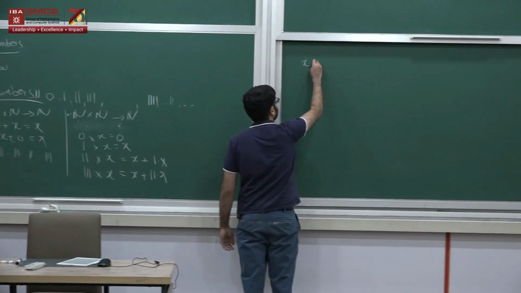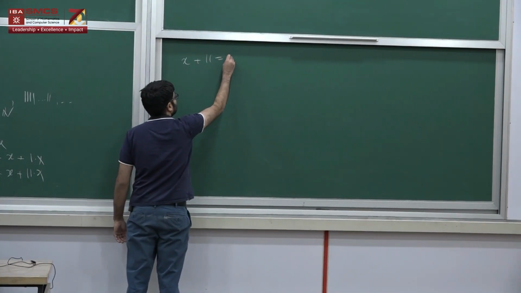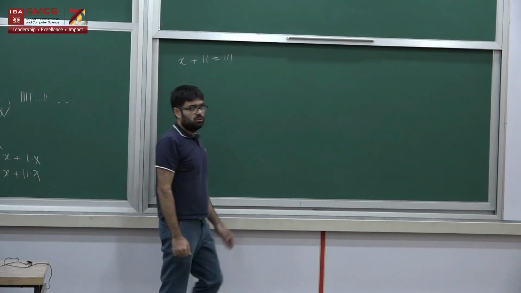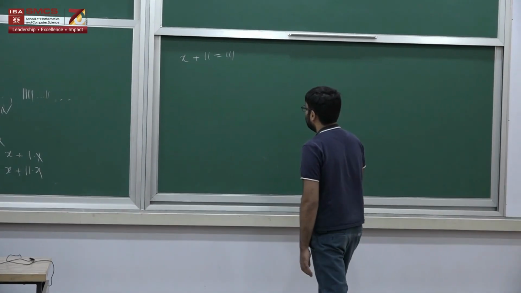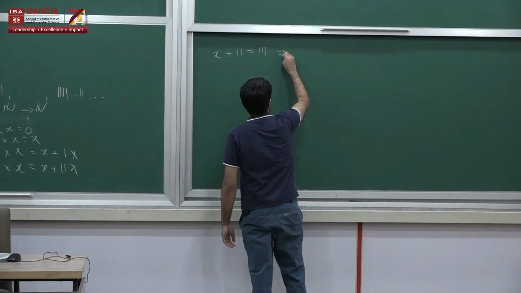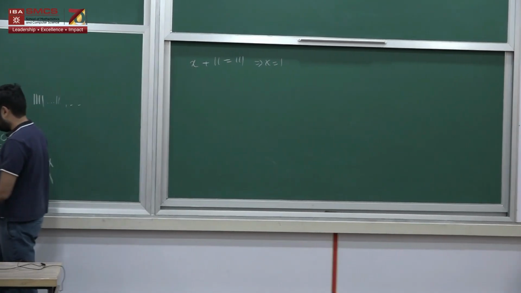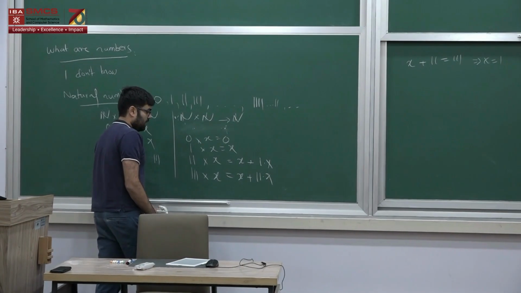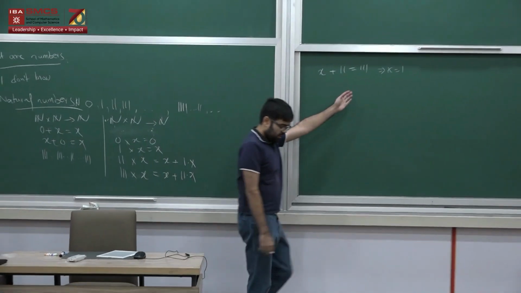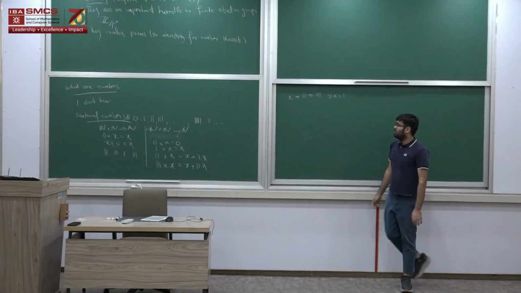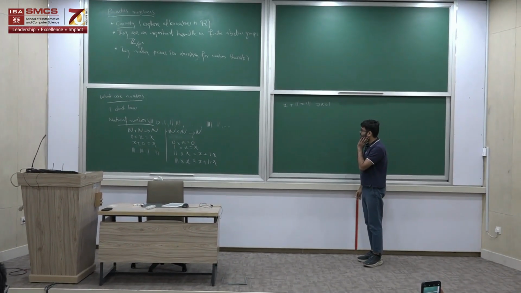Like x plus 2 is equal to this has one solution, and that means x is equal to 1. And there are a bunch of other equations we can solve, and since we can do it, they are not that interesting.